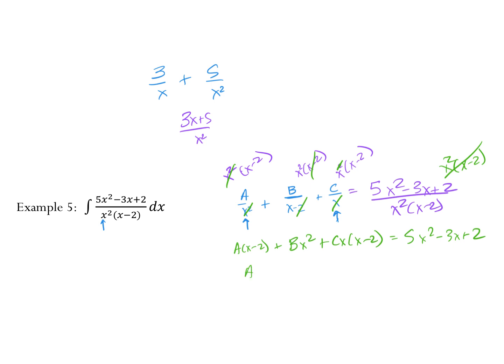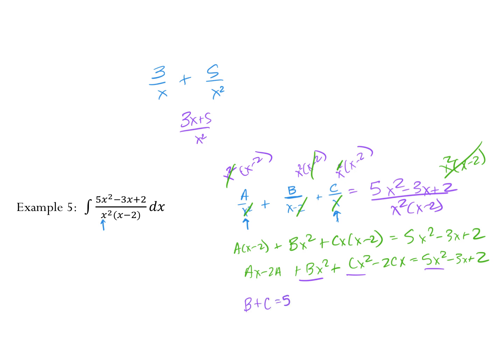So now I have ax minus 2a plus bx squared plus cx squared minus 2cx equals 5x squared minus 3x plus 2. And then I just start going through my pieces. For my x squared terms, I have b plus c equals 5.